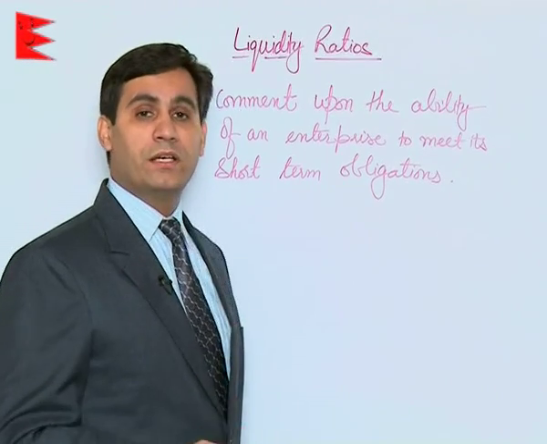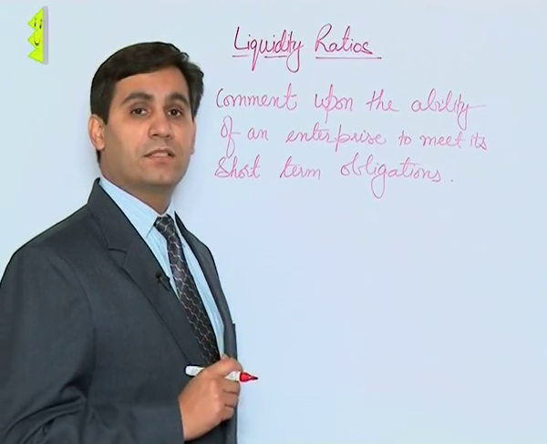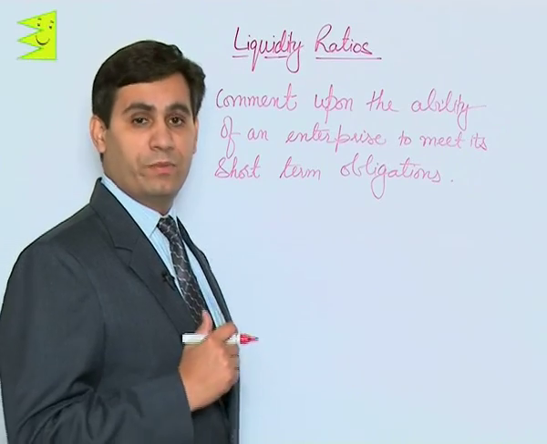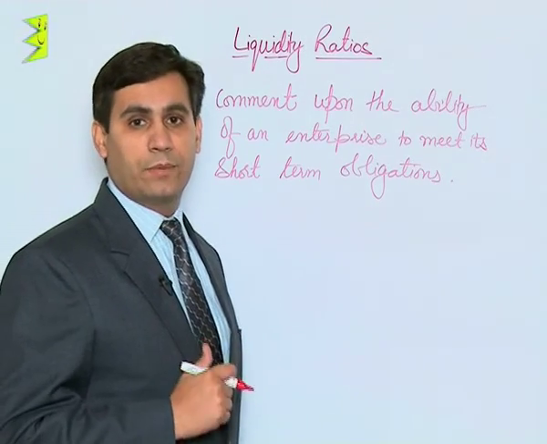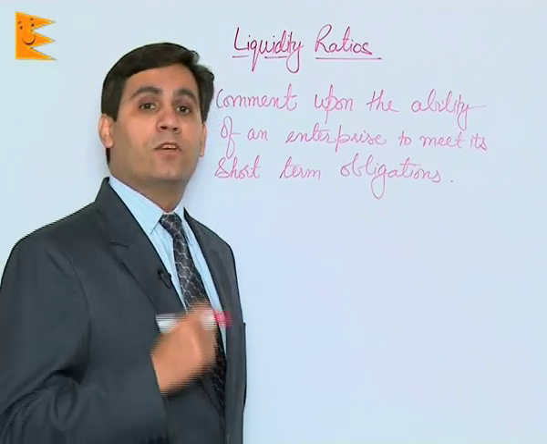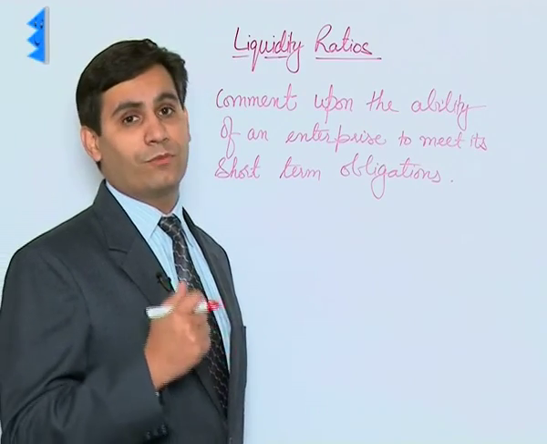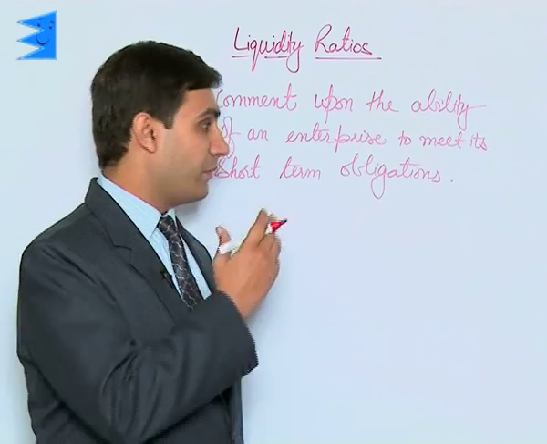Now students, remember here, we are saying short-term. So by short-term assets and short-term liabilities, we mean current assets and current liabilities. Just to revise, current assets are those assets which can be readily converted into cash, and by readily we mean less than 1 year time frame.